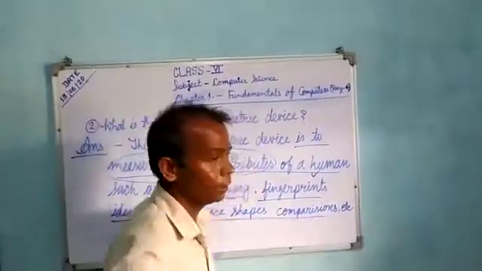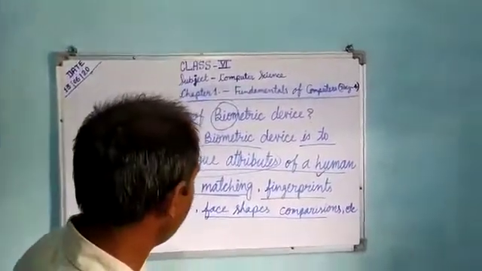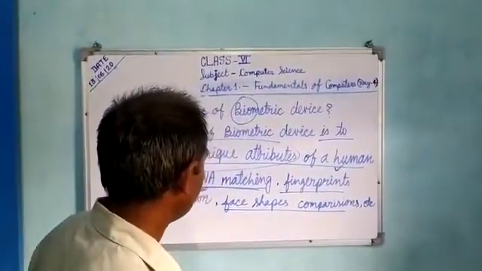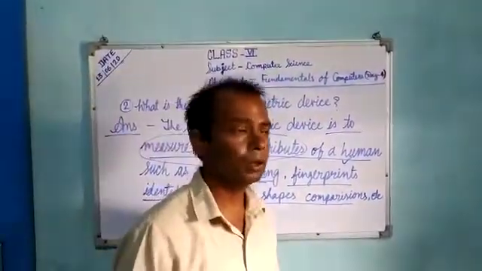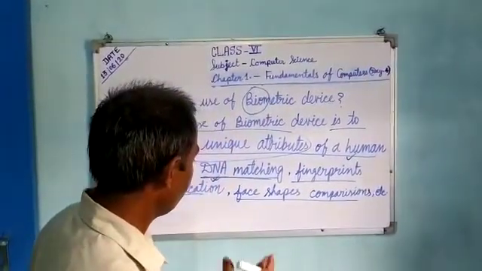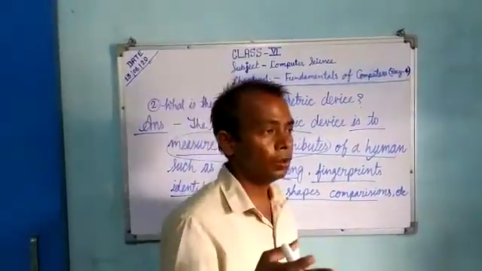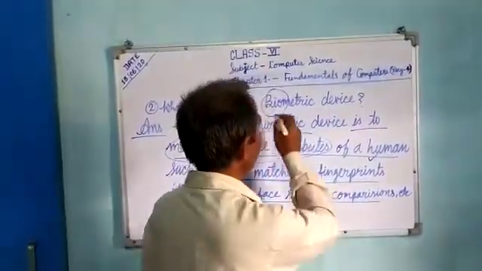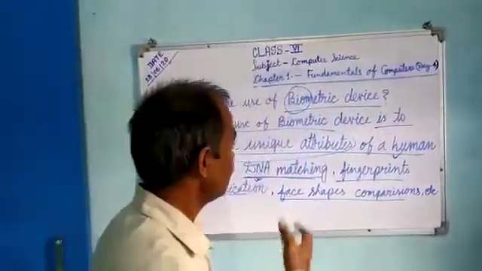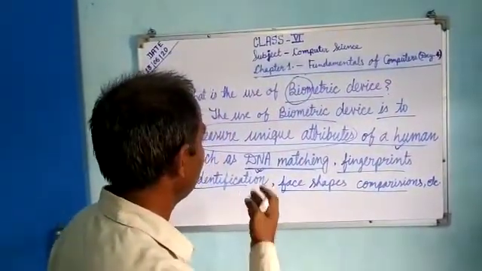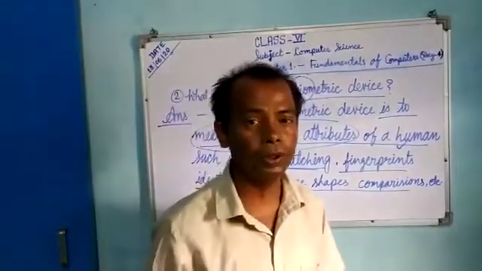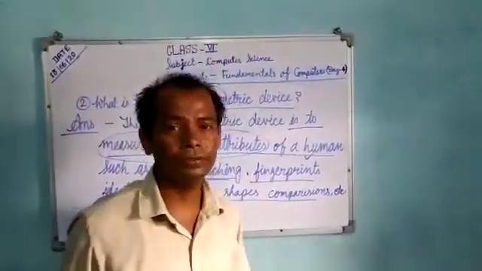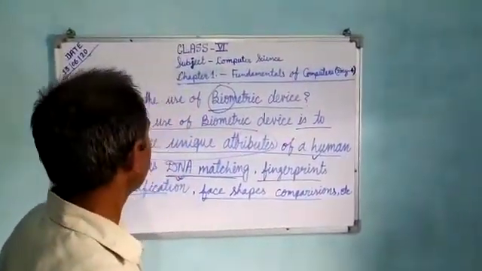And face shape comparison: your retina has a particular identification, and no two people have the same retina. So one person's face is compared with others with the help of this device. This device is related to human beings, and it measures their unique attributes for comparison and identification matching. So it is very beneficial in those cases.